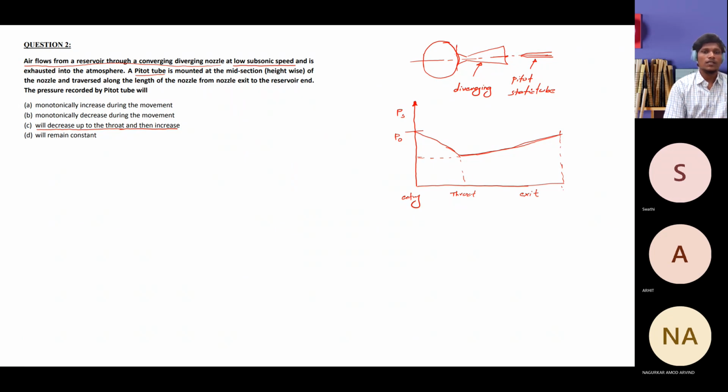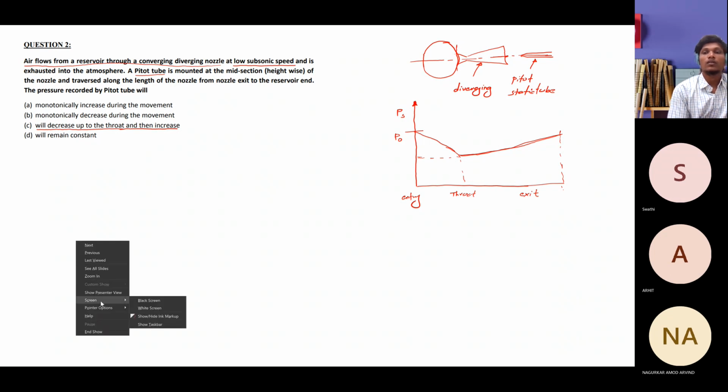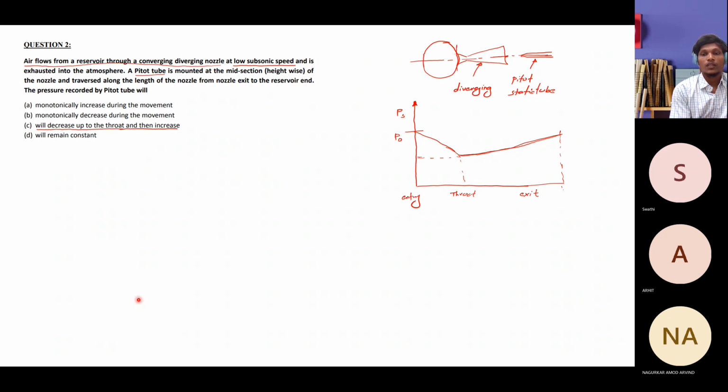It is a kind of critical analysis that you have to think about while answering, which we discussed elaborately last time. The question states that you have a convergent divergent nozzle, and with it, we are measuring the pressure with a pitot tube. If you have an idea of the theory, then this theory can give the pressure distribution inside the nozzle.